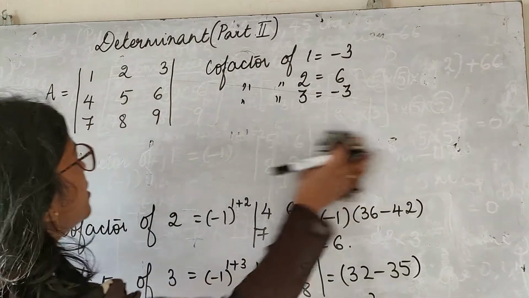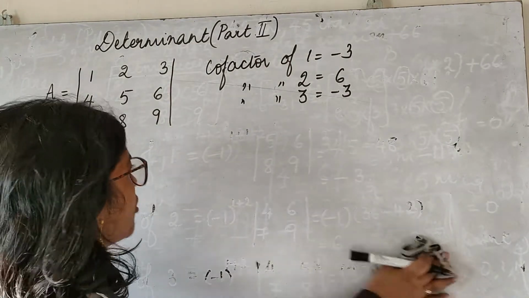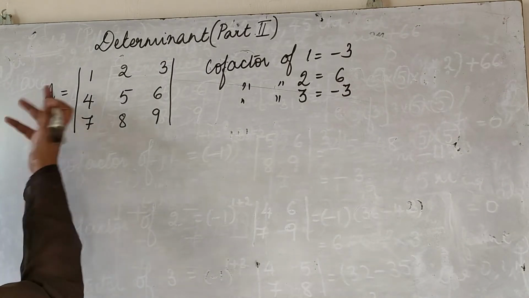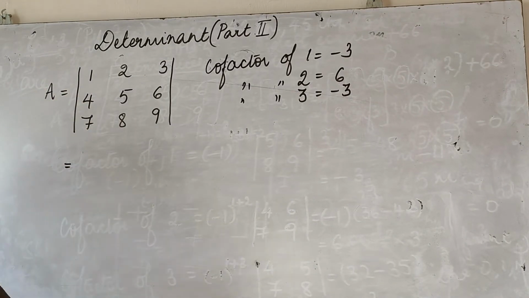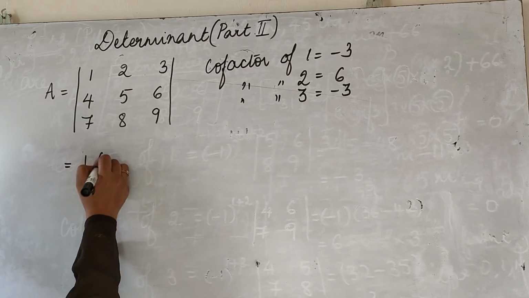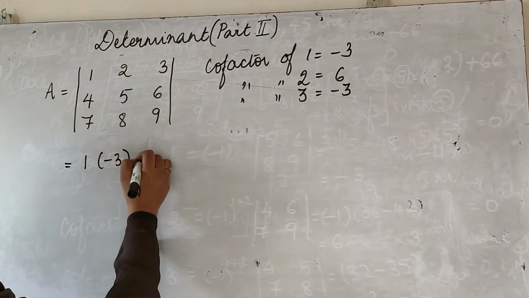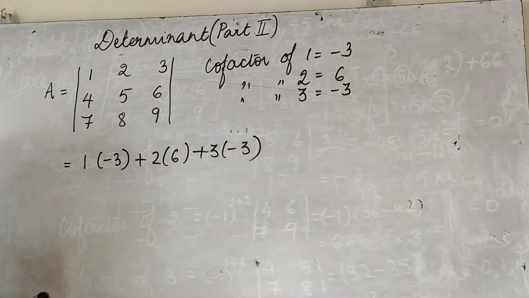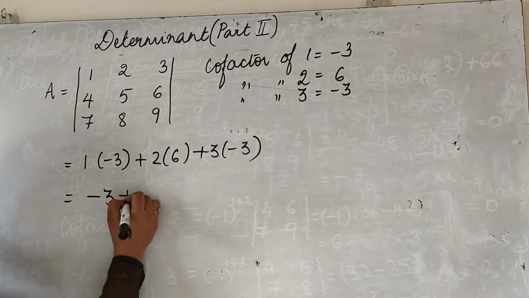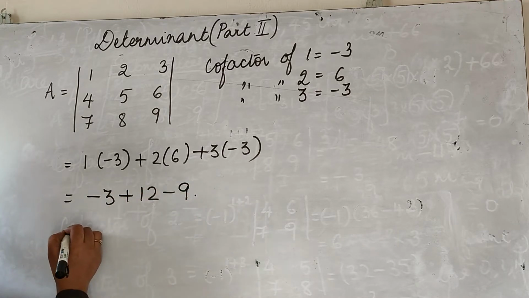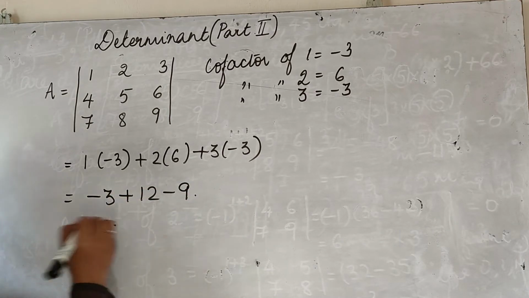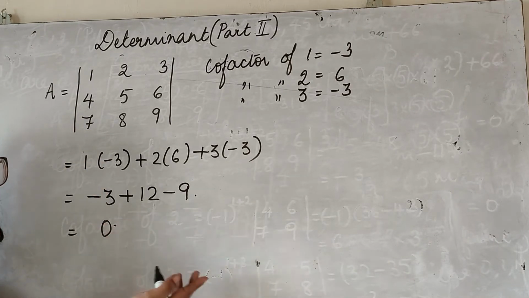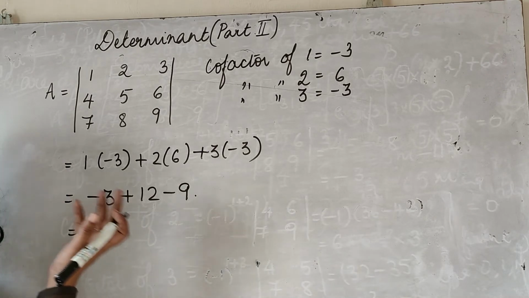Now to find the value of the determinant, which can be denoted as D, here I have denoted it with A. So the value of A is 1 into the cofactor, element into the cofactor, element into the cofactor. So this becomes minus 3 plus 12 minus 9. Value of this determinant is 0. So we'll get a single value like this, maybe 0 or 5 or 7 or whatever.